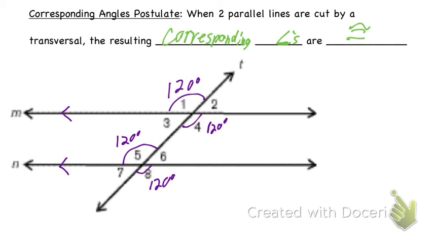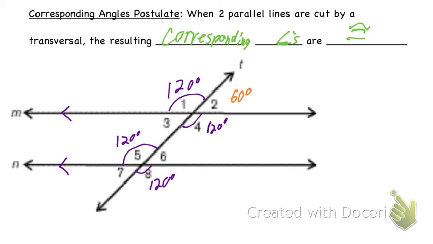Raise your hand if you can tell me another angle we could find. Seth: angle 2 is 60 degrees. Because if we take 120 away from 180, we get 60. Why 180?